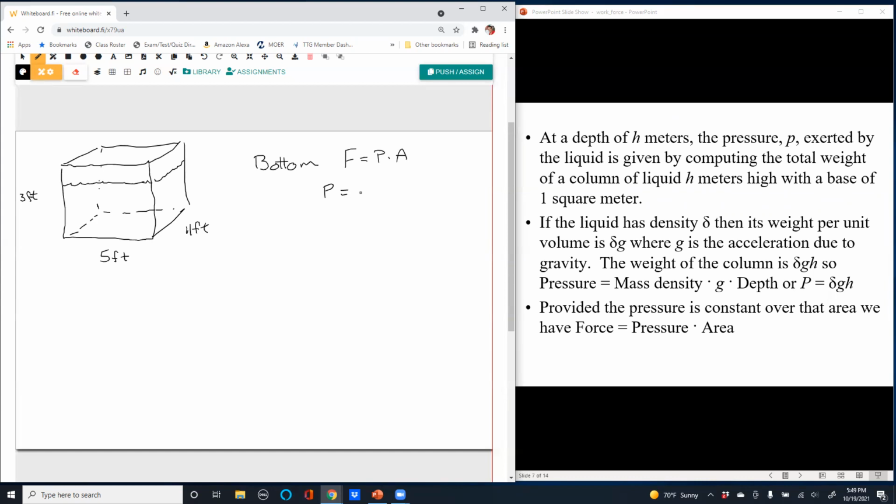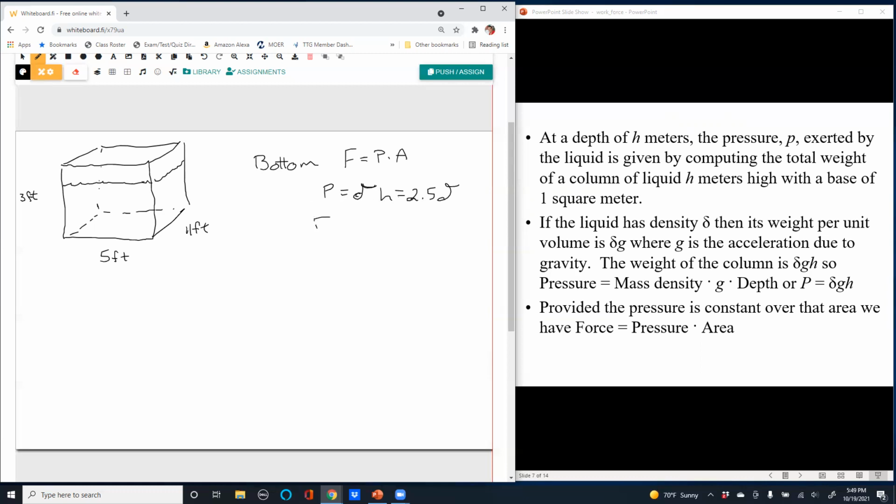So the pressure is going to be delta times H, which is our depth. All the points of the bottom of the tank are all 2.5 feet from the top. So H is 2.5. Delta. This pressure does not vary. It is constant.